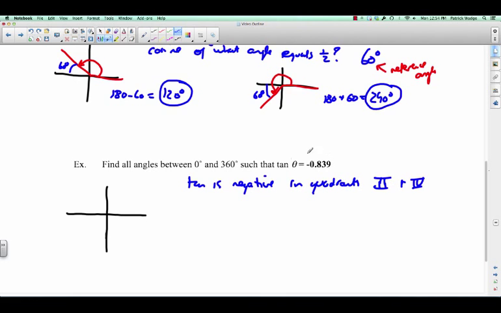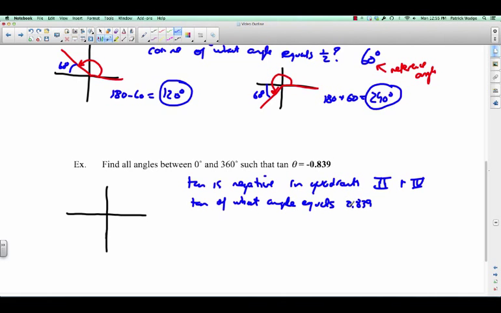Okay, the next thing we have to ask is the tan of what angle equals 0.839. Remember, we don't need to worry about the negative. The negative told us the quadrants. What we're doing now is we're figuring out the reference angle, so you just have to worry about the positive angle. Okay, now if this was in the table, we would just look up in the table, but it's not.